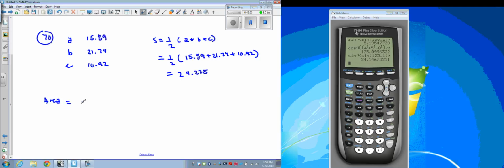Yeah, square root, all right. 24.275, not 24.225. 275. Okay.